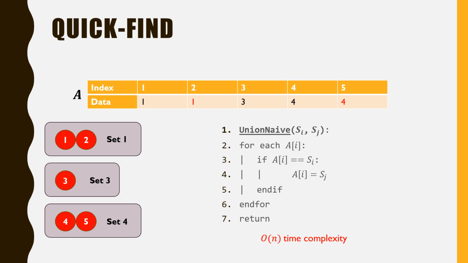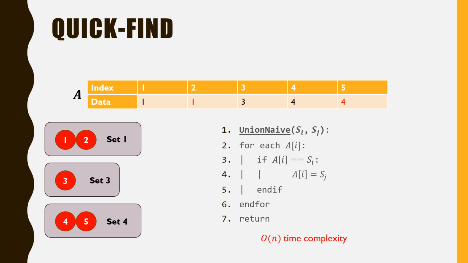Next, we implement the union operation. To merge two sets, suppose we relabel all elements in Si to belong to Sj. We traverse the entire array in line 2 and check whether each element belongs to Si in line 3. If it does, we update its label to Sj in line 4.